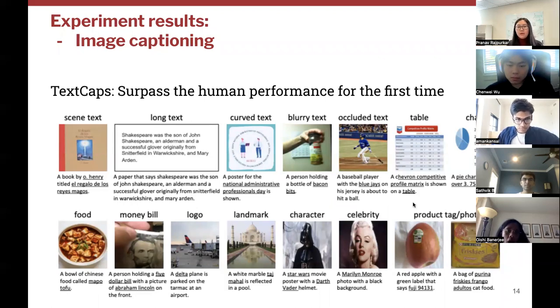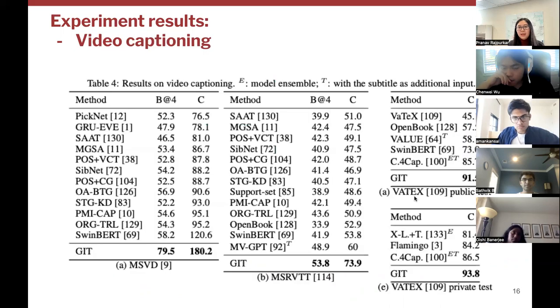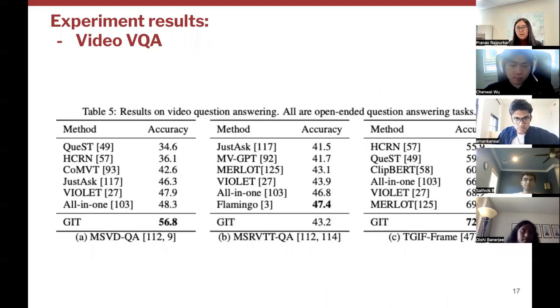And absolutely, there are also some other tasks, for example image VQA, using the methodology that we introduced earlier by using the question embedding as the prefix for the generation, and also video captioning by concatenating the features from the different frames as the video representation, and also video VQA.